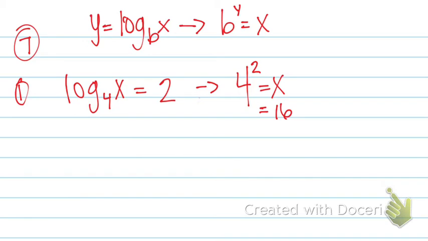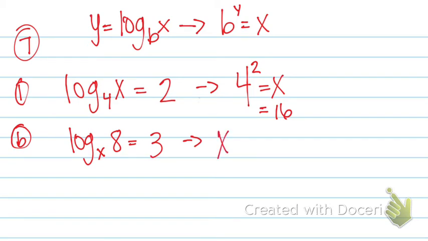All right. On the second one, we have log base x of 8 equals 3. So first we have to change it. What is my b value, Cam? X. My exponent is going to be what, everybody? x to the 3 equals 8. Now, some of you can probably look at that and know what x is.